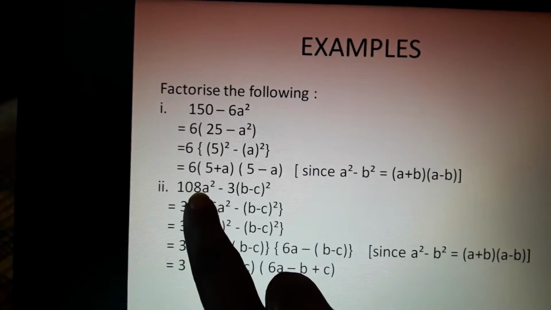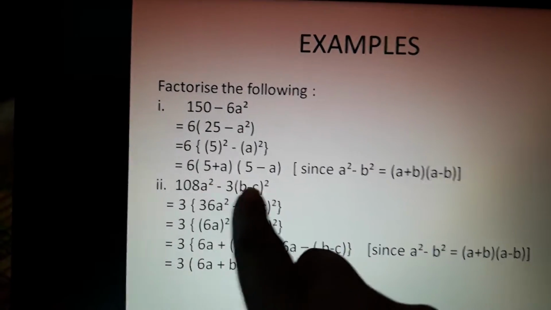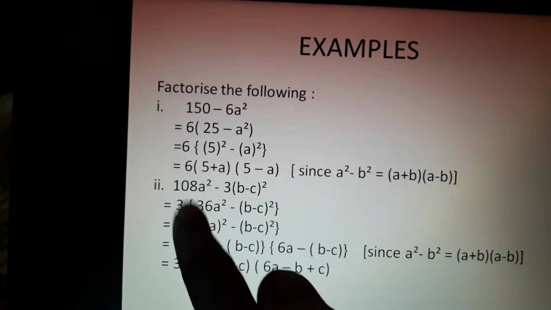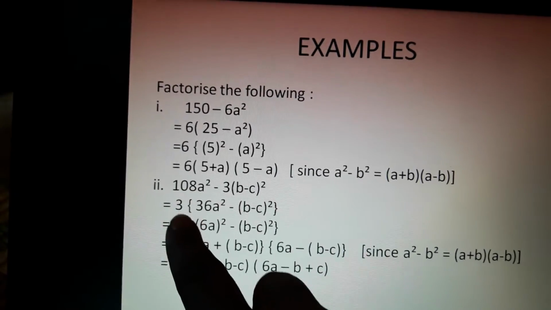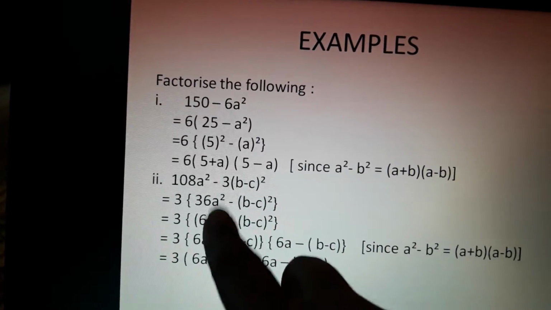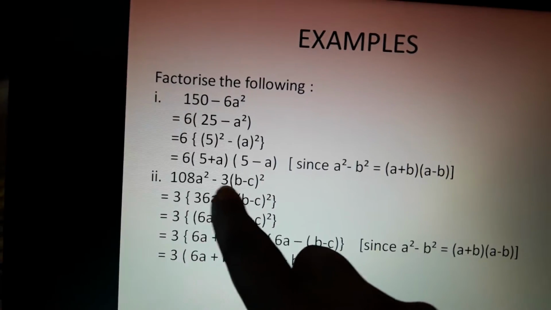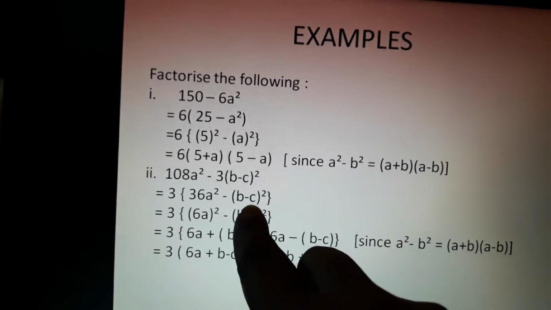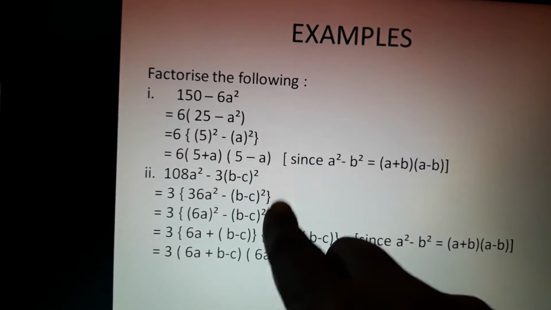Now in the second example, if we look at the two terms, we see that 3 is the highest common factor. So you open a curly bracket, you divide 108a square by 3, we get 36a square, then put this minus sign. Then this second term, 3 into b minus c whole square, we divide by 3, we get b minus c whole square, then close the curly bracket.